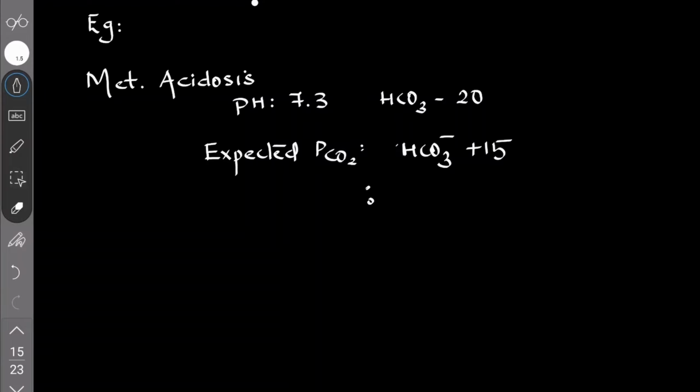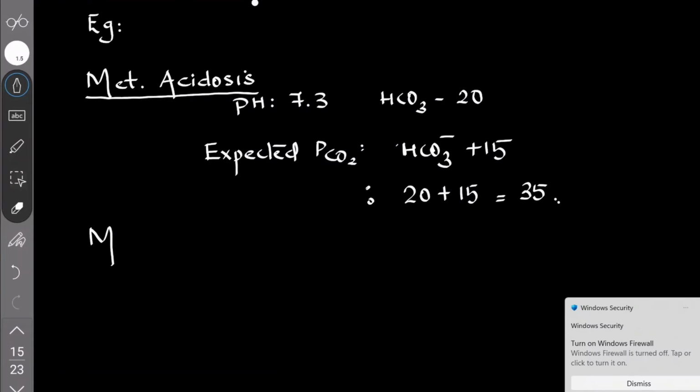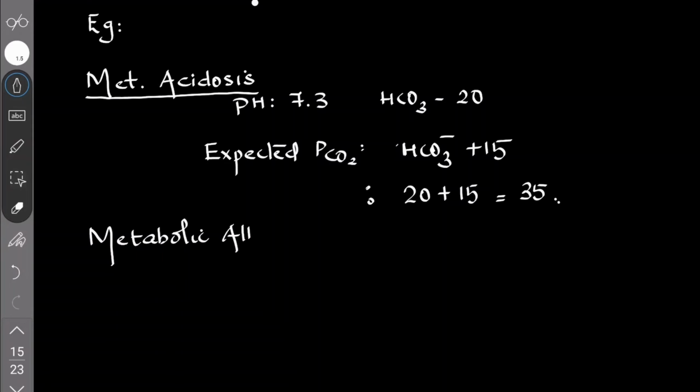So that is 20 plus 15, that is 35. For metabolic alkalosis, pH is increasing, bicarbonate is 30, the expected PaCO2 is 30 plus 15, that is 45.